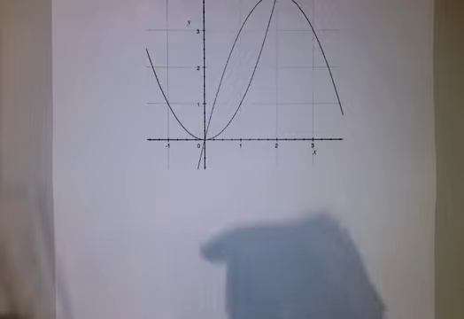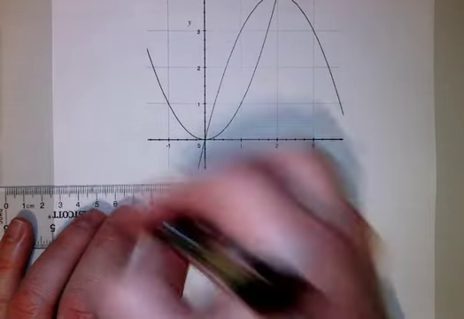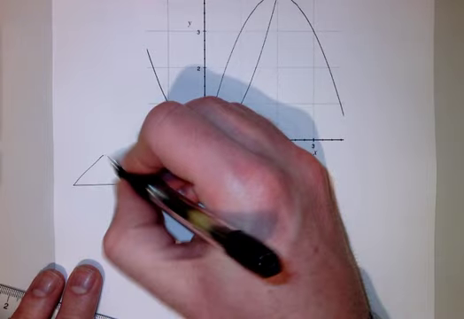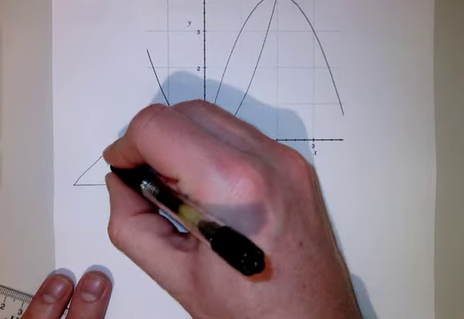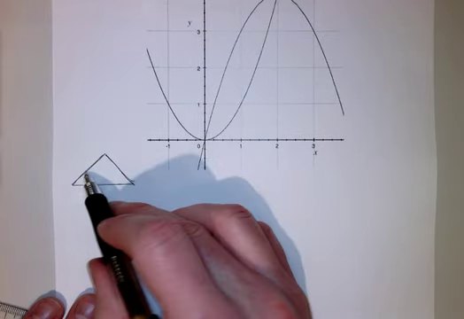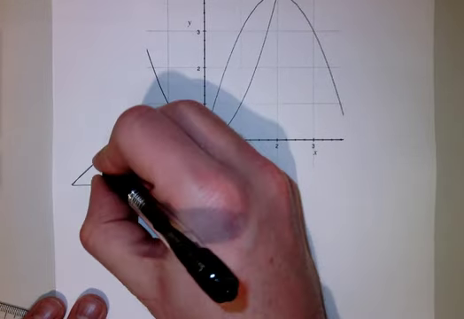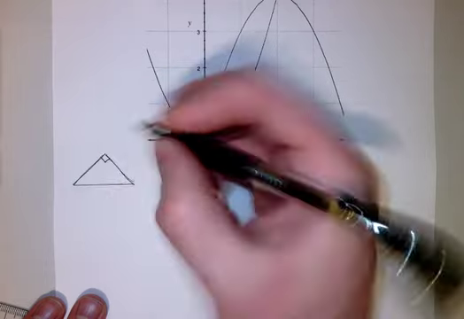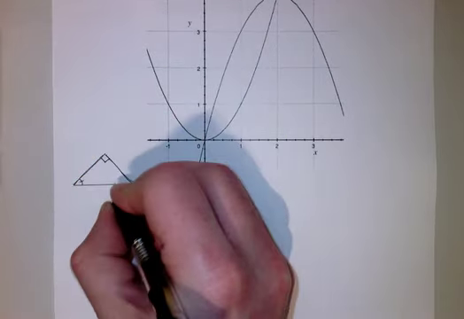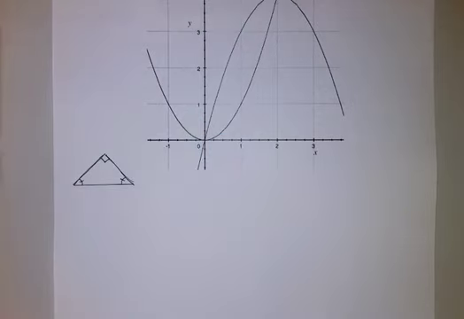Because let's think about what an isosceles right triangle with hypotenuse down is. You know that if it's an isosceles right triangle, these two sides are the same, and that's a right angle, which means those are the same.